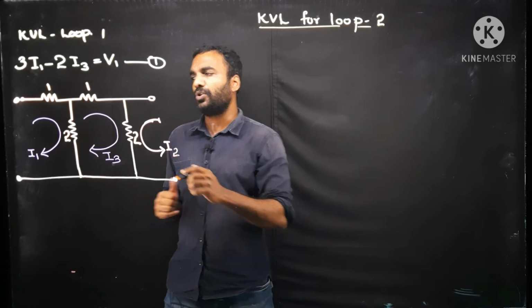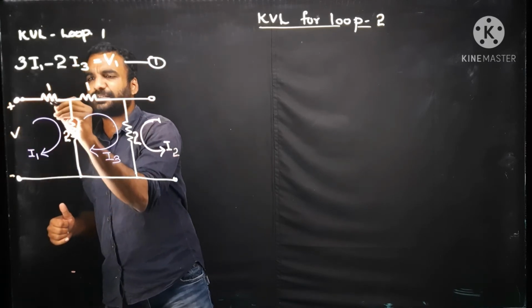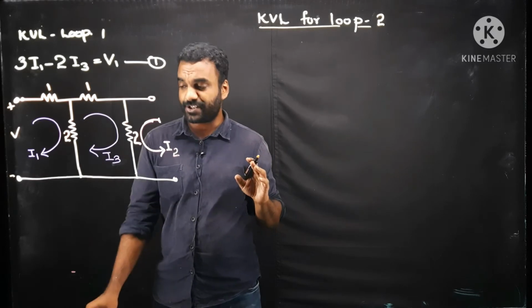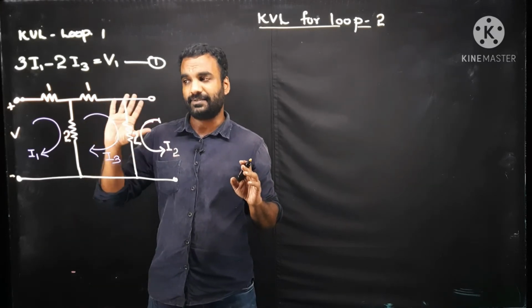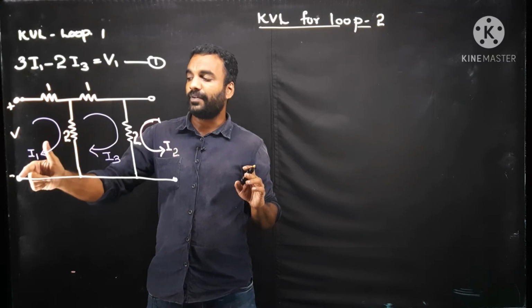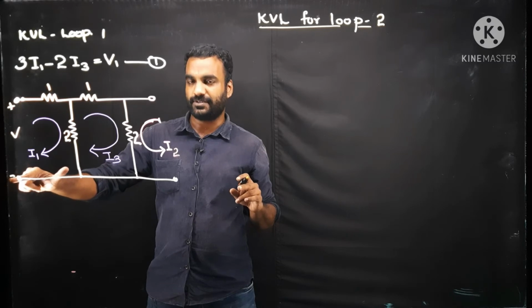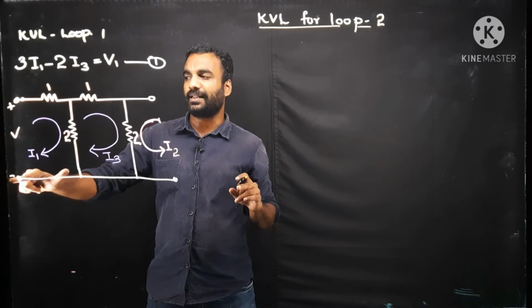As we all know, the plus minus notations are not that important in case of loop analysis. If you are following this loop, you have to be very careful about this polarity, because negative V is coming first. So your equation should be starting like that.